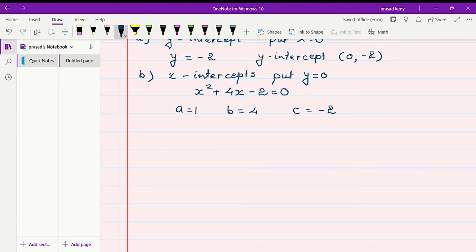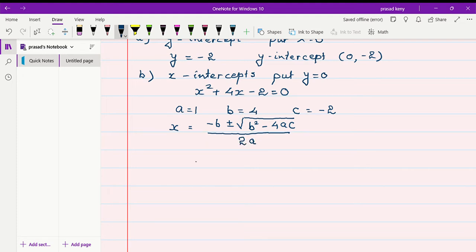So the roots of this quadratic equation are given by x is equal to minus b plus or minus. Why plus or minus? Because obviously there are two roots. Square root of b square minus 4ac, divided by 2a.